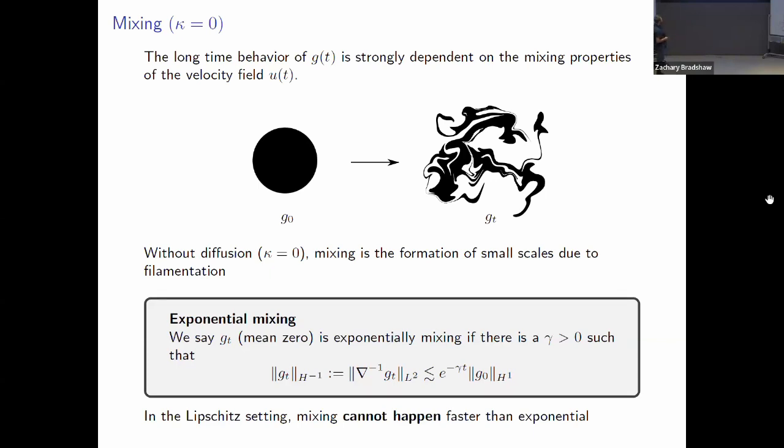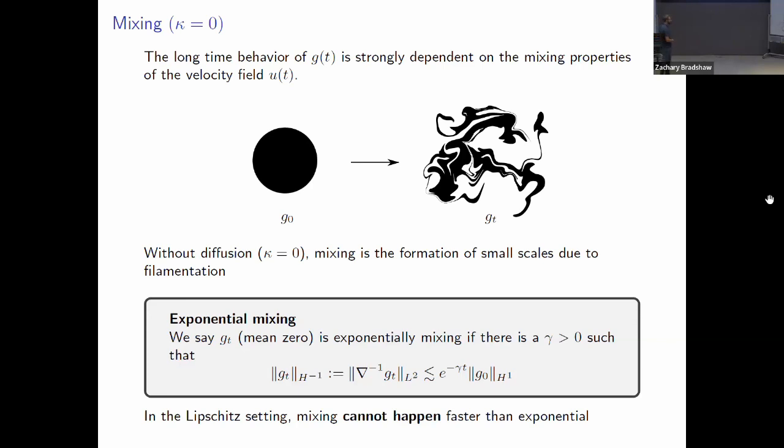We'll say that a scalar initial blob like this, if we assume its mean is 0, is exponentially mixing if there's some exponential rate such that the H-1 norm decays exponentially fast, at least if I started with initial data that had some regularity to it, something in H1. We've discussed this already, that in the Lipschitz setting, mixing can't really happen faster than exponential.